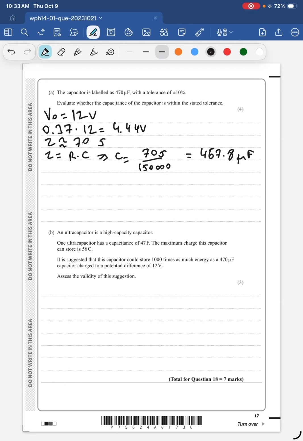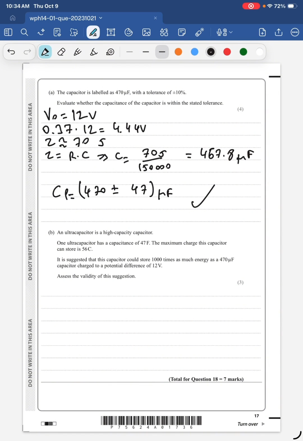The capacitor is labeled as 470 microfarads with a tolerance of plus or minus 10%, which means the labeled capacitor, let's call it L, is 470 plus or minus 10% of 470, which is 47 microfarads. And 467 is definitely within the limit, so that's true. So the capacitor is within the stated tolerance.